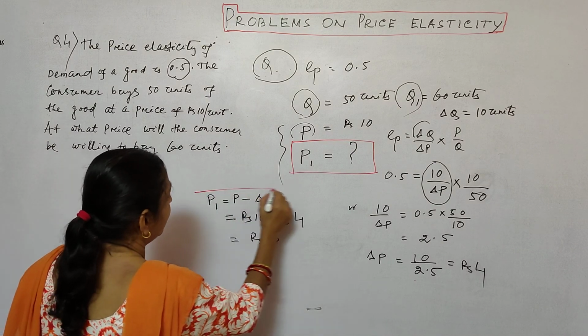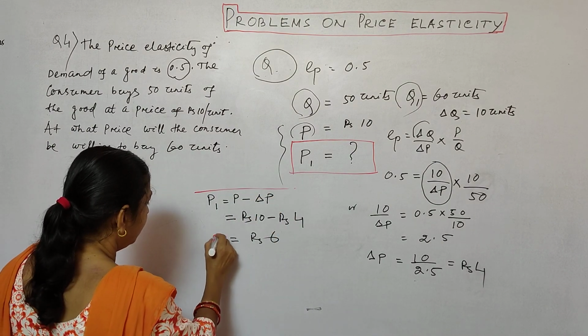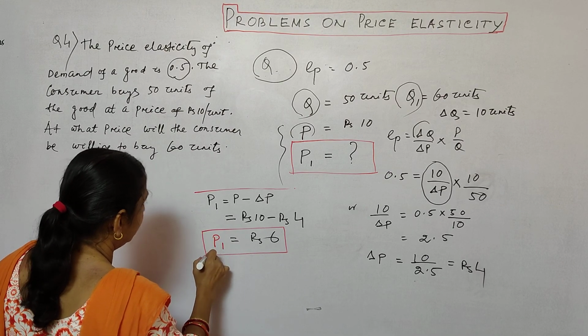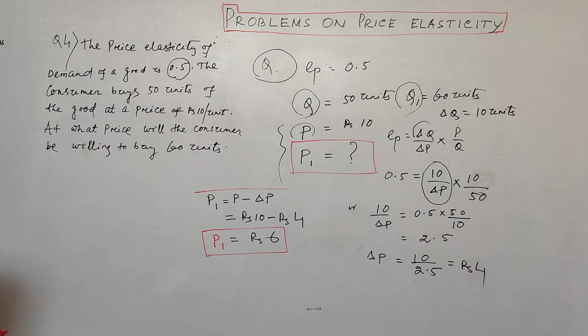This is the value of P1. P1 is rupees 6. Friends, this is our answer of the problem. Now we will go to another question.